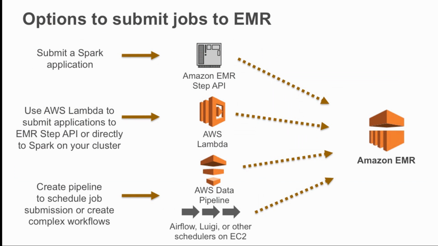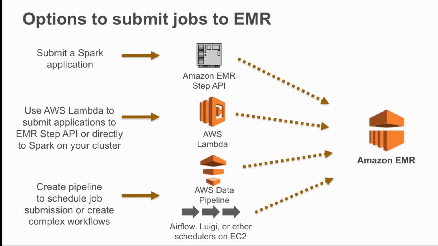You can submit jobs to EMR in a variety of ways. The first one is showing you can submit a Spark application using a STEP API. And you can also use a very popular service, AWS Lambda, which is a serverless compute system.